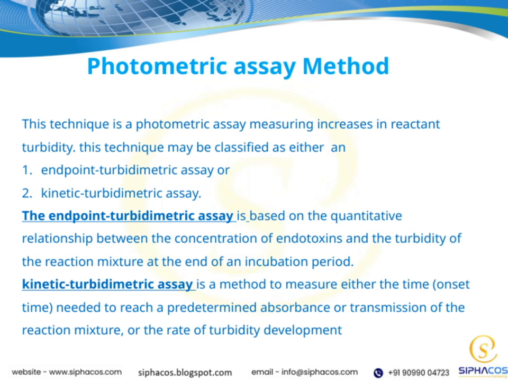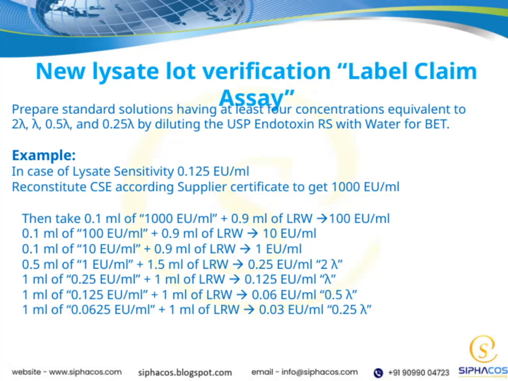Let's walk through the process of preparing these standard solutions. First, we start with a 1000 EU per milliliter solution. By taking 0.1 milliliters of this and adding 0.9 milliliters of LRW, we get a concentration of 100 EU per milliliter.